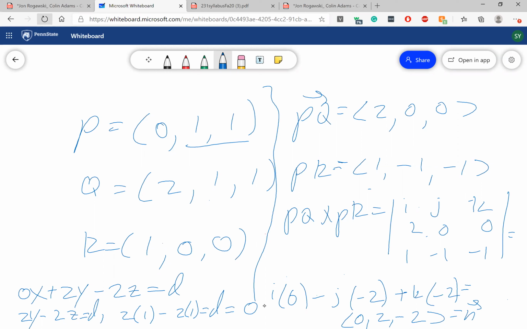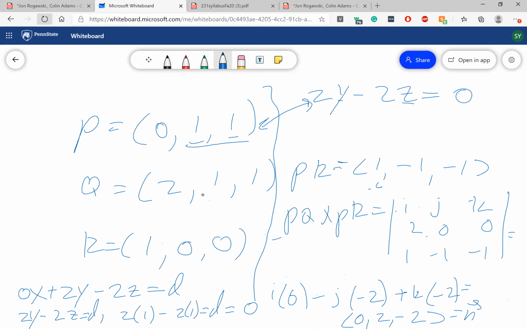So let me just erase this part. So let's try that. So 2y minus 2z is equal to 0. Let's see. So the first one is a point in the plane, because if you plug in 1 to y and 1 to z, you do get 0 over here.